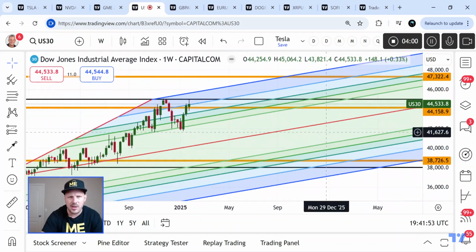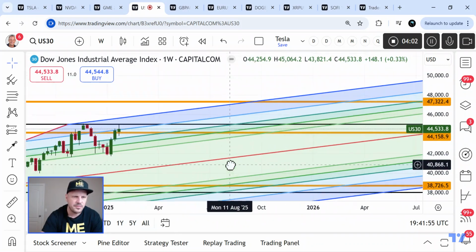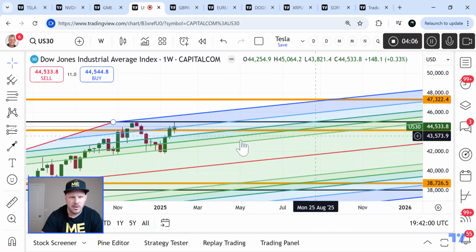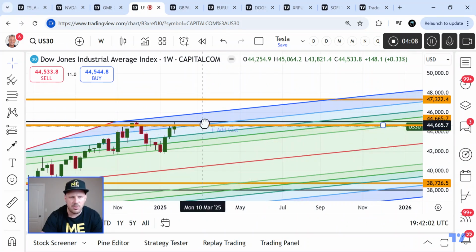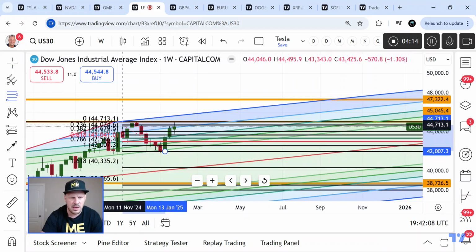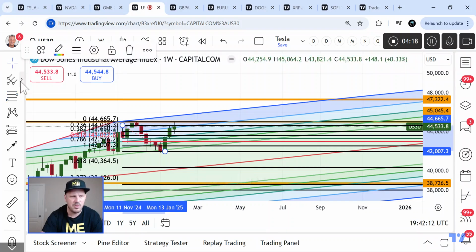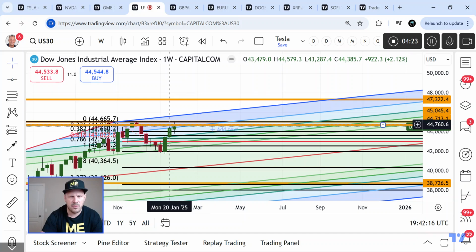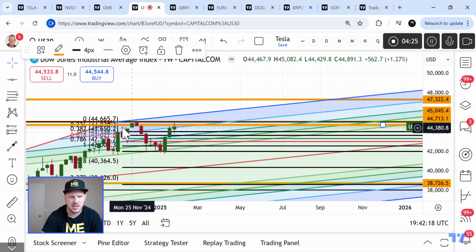So it looks like we are driving up, and that drive up, I would like to just say, if we can break the 45,000 marker, it's possible, then we still have a level here at 44,760.